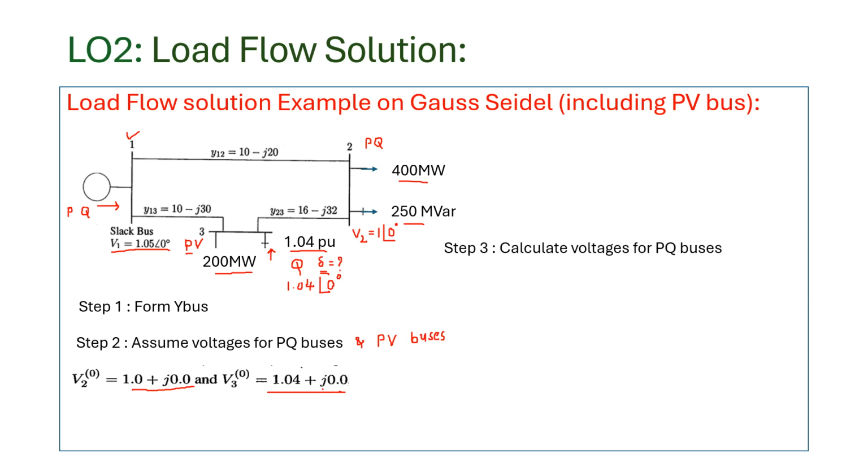Now we have to calculate the voltages. First, the voltage for the PQ bus, that is the second bus. This is the assumption now, 1 at an angle 0, but we have to calculate the more correct value.